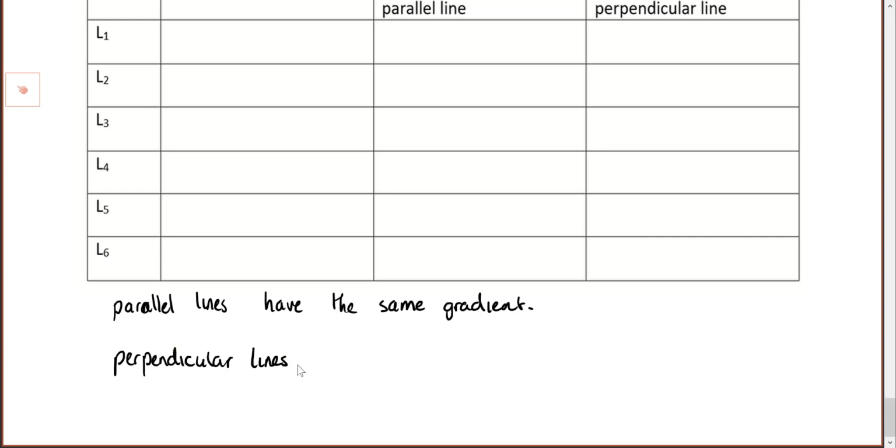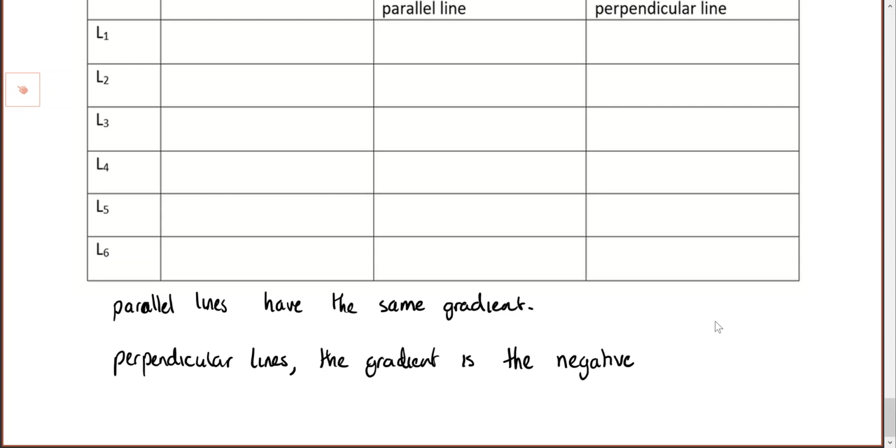Perpendicular lines, okay, the gradient is, I'm going to give you the proper words for it when my computer catches up. The gradient is what we call the negative, that makes sense, right?